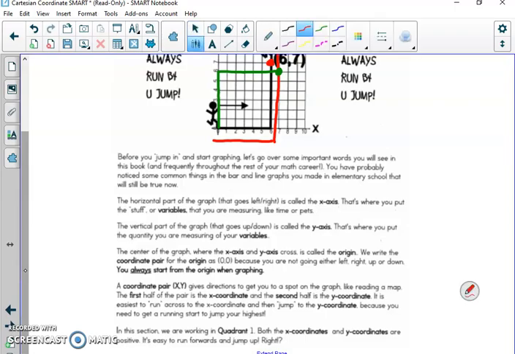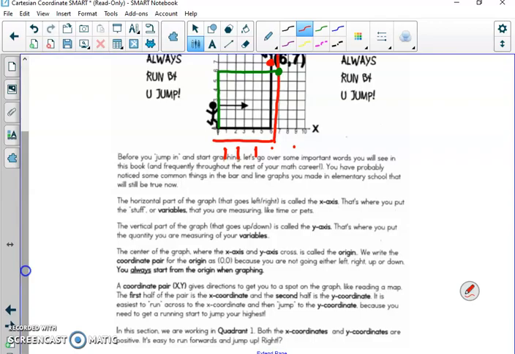So if I was looking at measuring how many cats are on my street, that's where I'd put my variable. So I might have a variable for black cats and orange cats and gray cats, but that's where my variables are.